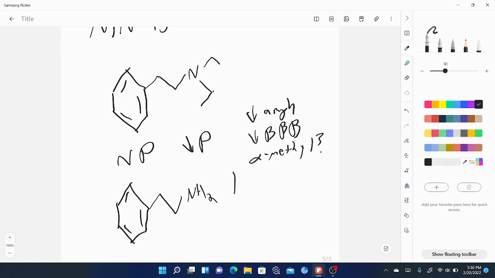I think if you do pharmacokinetics of this, if you look at PEA and then you look at N,N-dimethyl-2-PEA, I don't think the peak will be as big, and there will be increased half-life.